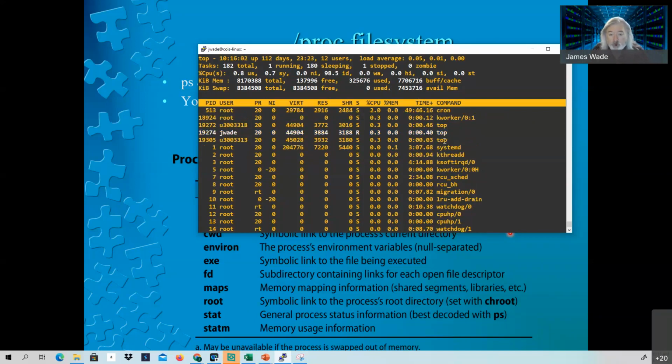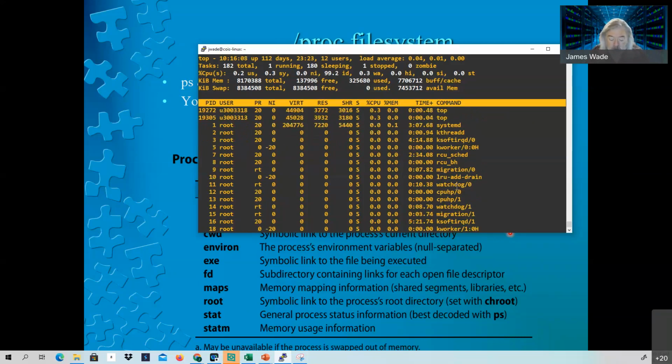If a program comes in and needs the memory, it gets it from this cache. So some people look and they'll go, oh, wow, we've only got like 137 megs here. Man, that's not much. We need more memory. But what you need to look at is this. This says that, no, you've got 7.7 gig being used by buffer cache, meaning it's doing disk caching.